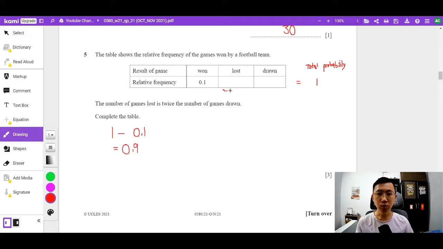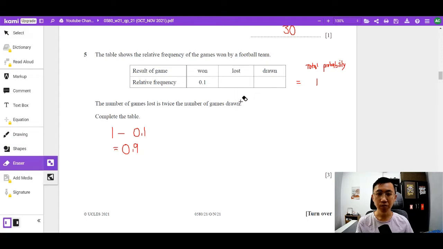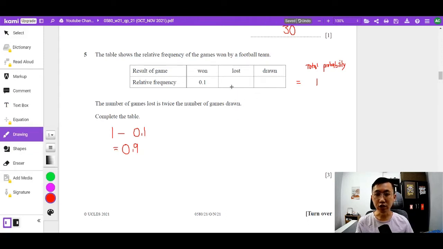These 2 added up together will be 0.9. Remember that, okay? I will read this clue for you. The number of games lost, which is this column, is twice the number of games drawn. Alright, so basically we need to use ratio also. Now, to dissect the information, the ratio is 2 times more than drawn, right?